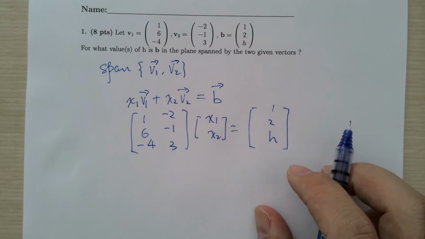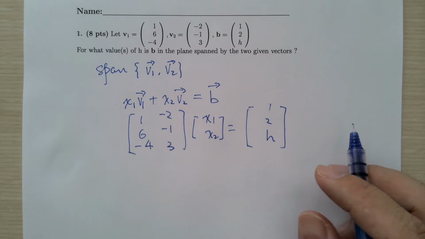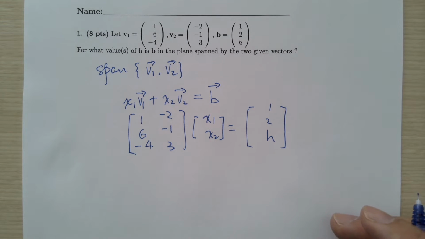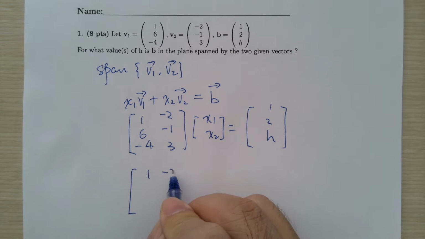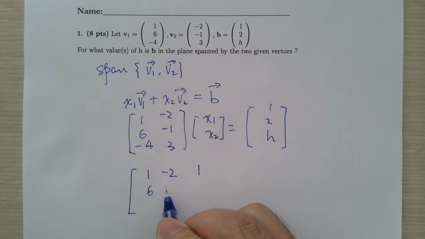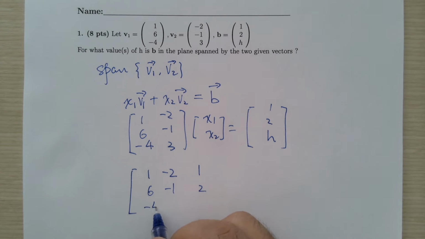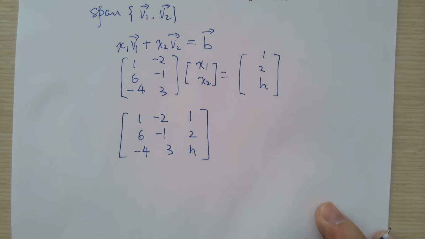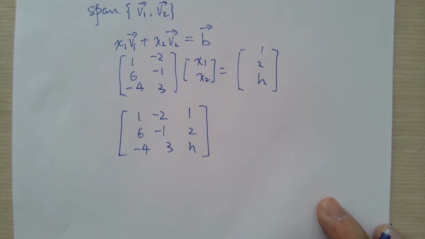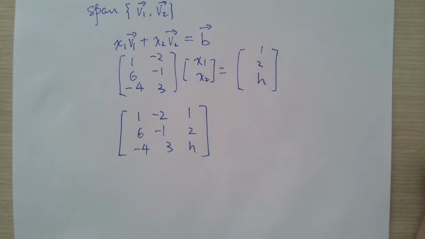Okay, so it's equivalent to looking at the corresponding augmented matrix, right? So that's the augmented matrix, and we start working on it to figure out its echelon form.